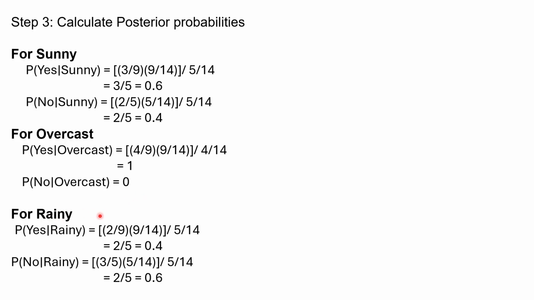For the rainy class, P of S given rainy is equal to 2 by 9 into 9 by 14 divided by 5 by 14, which gives a value of 2 by 5, which is equal to 0.4. Probability of no given rainy is equal to 3 by 5 into 5 by 14 divided by 5 by 14, which gives us a value of 3 by 5, which is equal to 0.6.